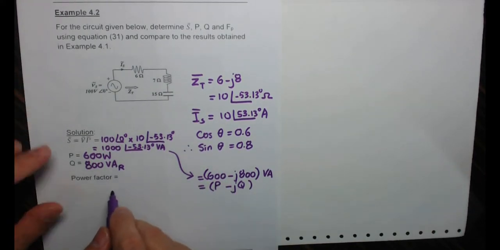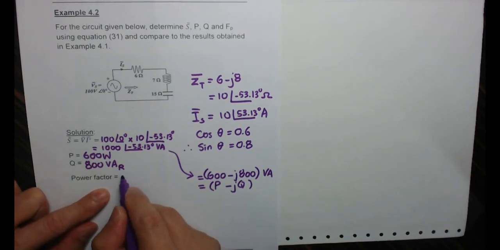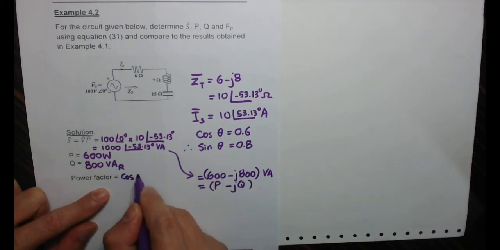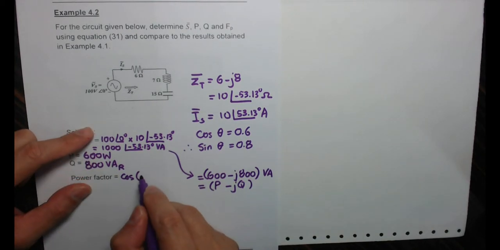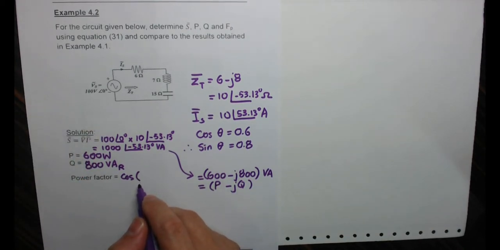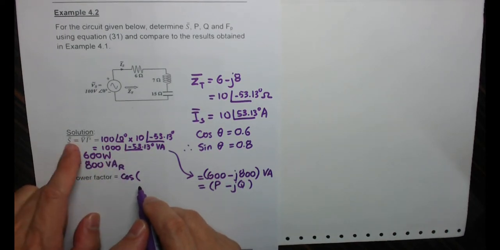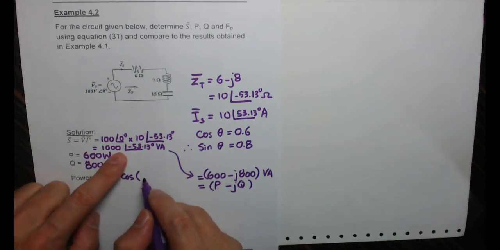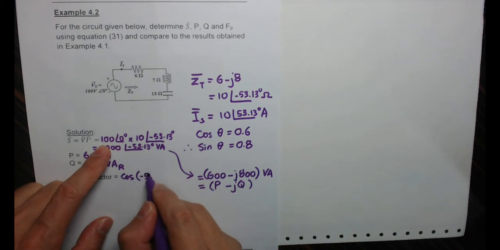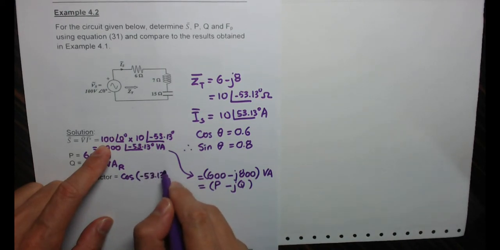So the power factor, we can get it from the cosine of the phase angle difference, which is 0. Oh, sorry, not the phase angle difference, the phase angle of the complex power, which is minus 53.13 degrees.